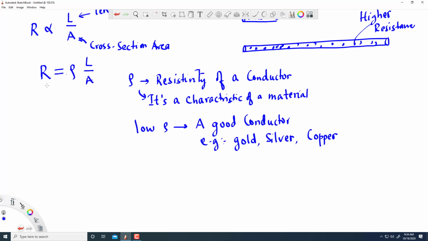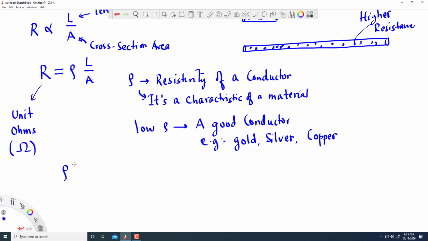So, resistance is measured in a unit called ohms. It's a Greek letter, this Greek letter omega. And if it is omega, then what would be the unit of rho?